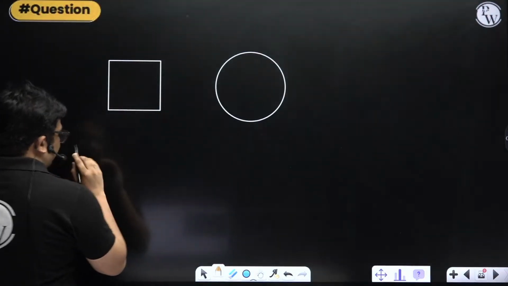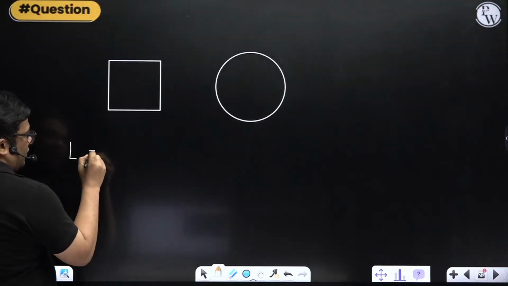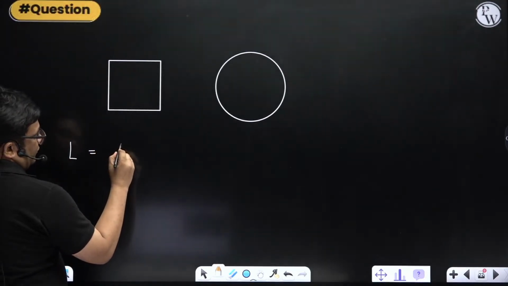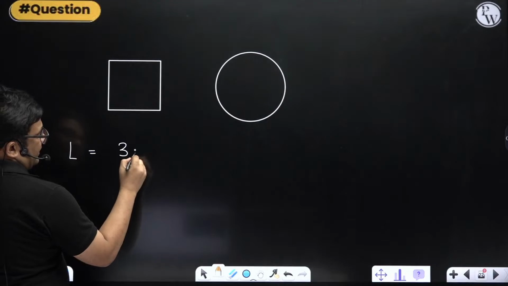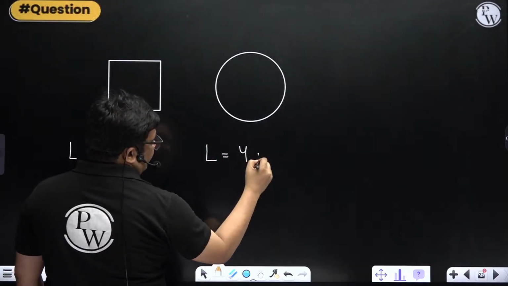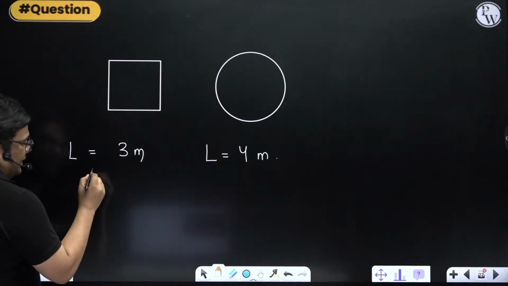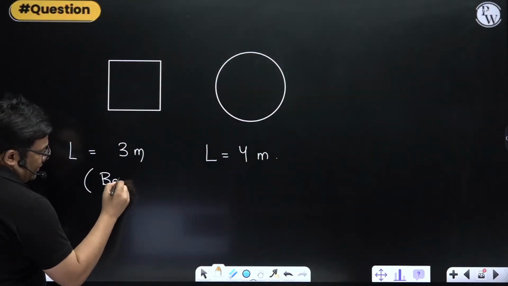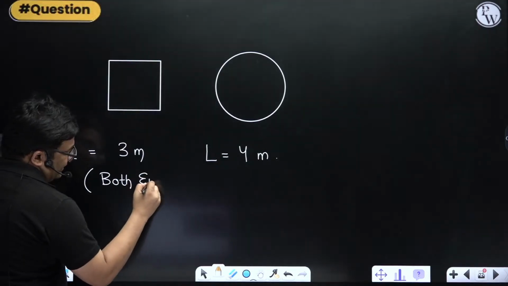The length of the square column is, suppose, 3 meters, and the length of the circular column is, suppose, 4 meters. The square column has both ends fixed.